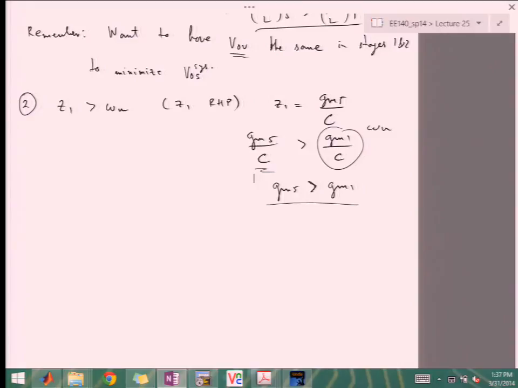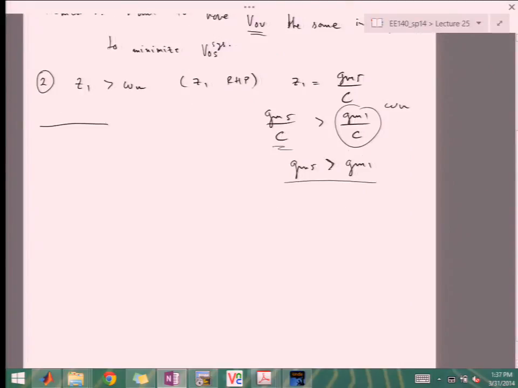As I said, you may have a situation where, depending on your original roll-off, in the normal situation you have P1, and then you have your P2, and then sometime later you get a zero, Z1.